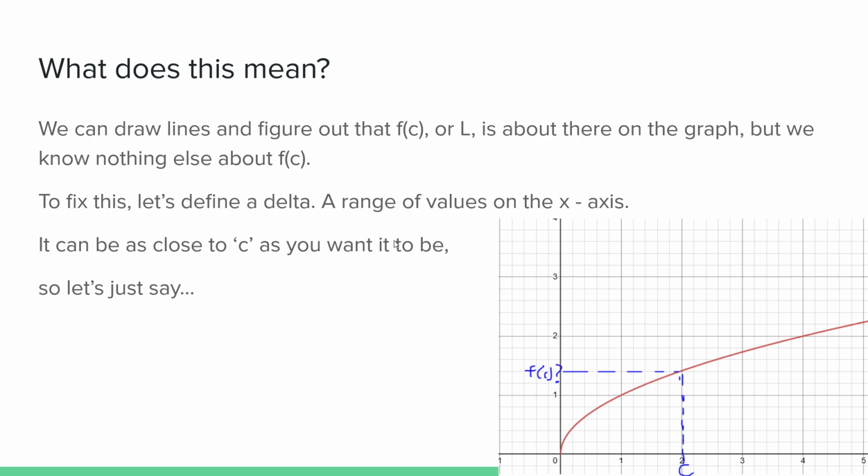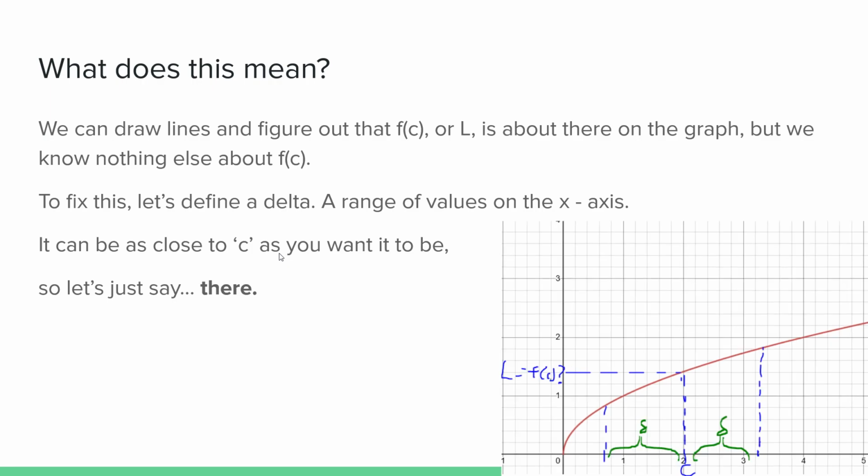To fix this, let's define a delta, which is a range of values on the x-axis. It can be as close to c as you want it to be, so let's just say there.